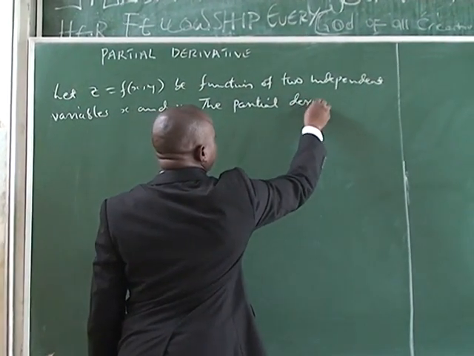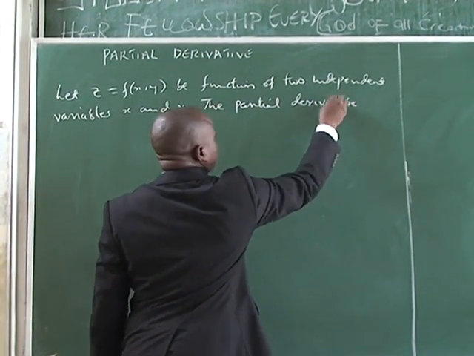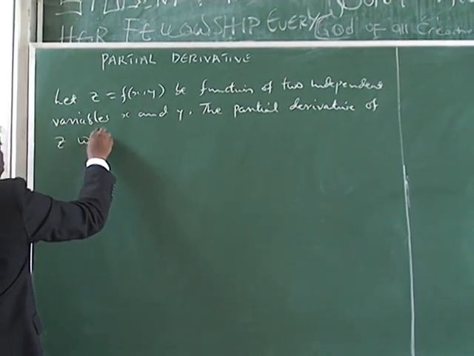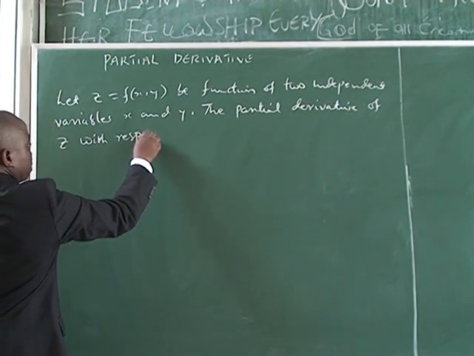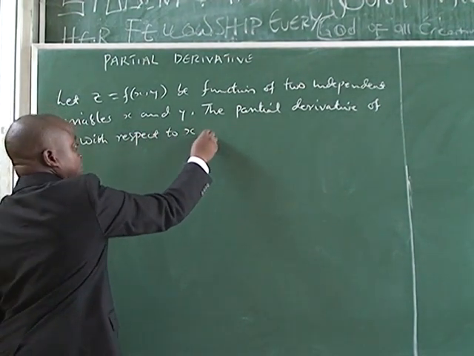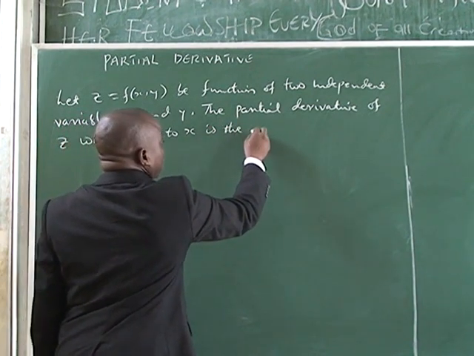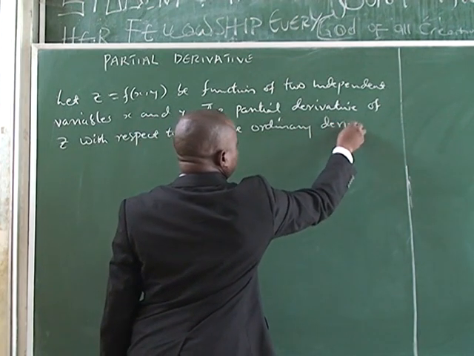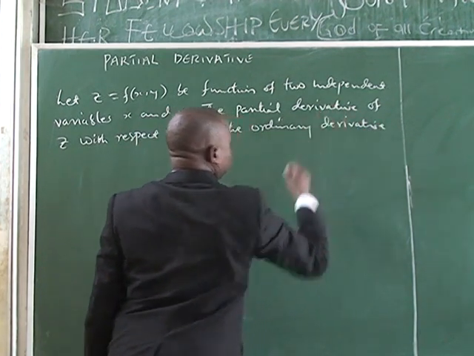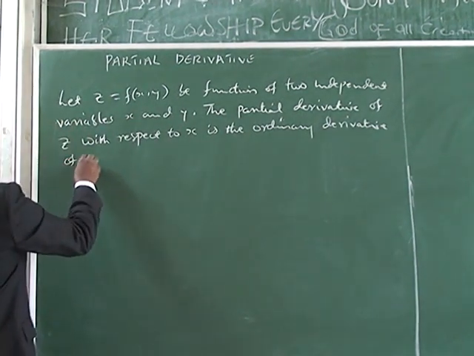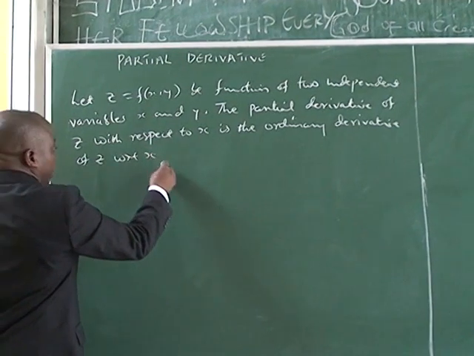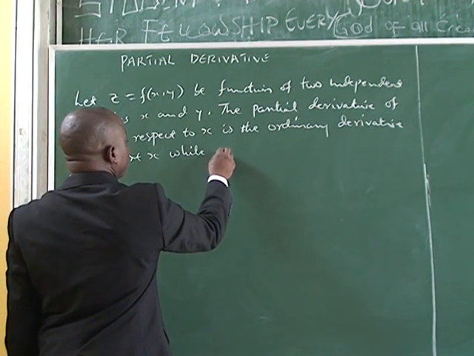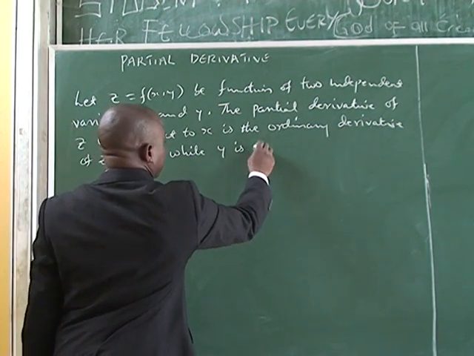The partial derivative of z with respect to x is the ordinary derivative of z with respect to x, while y is kept as constant.